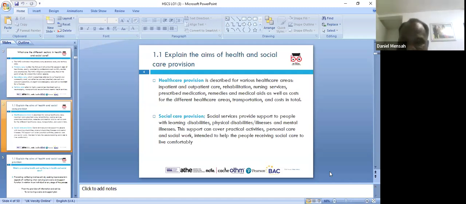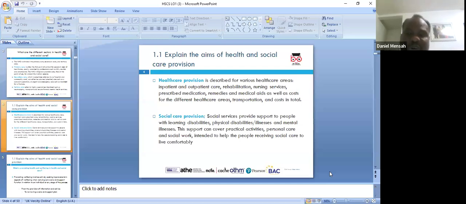And so what we seek to explain is, while the healthcare provisions describe the quite broader part of healthcare, which involves medication and all sort of inpatients and outpatients, social care provisions are quite different.